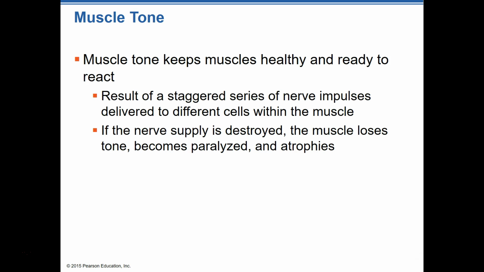Remember, form follows function. If it's no longer functional and no longer usable, it's not going to look normal. If we see somebody that's paralyzed, say from the waist down, after they've been paralyzed for a few months anyway, we'll see that their legs begin to get real thin and frail and small looking.